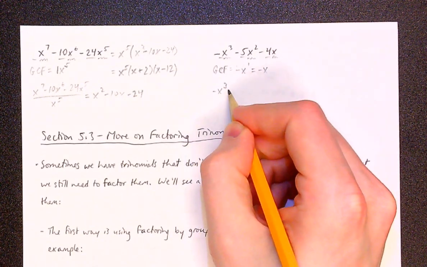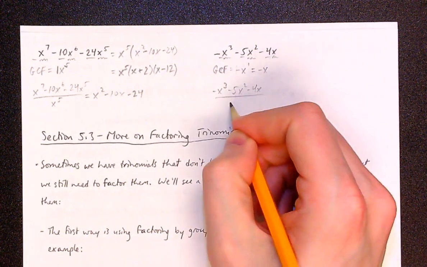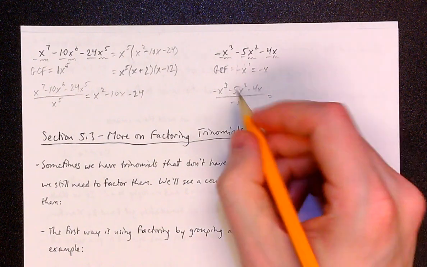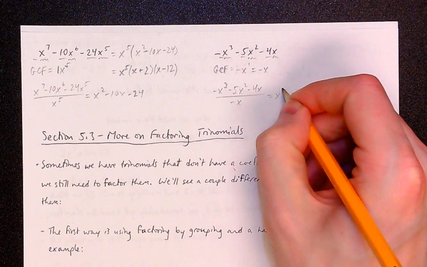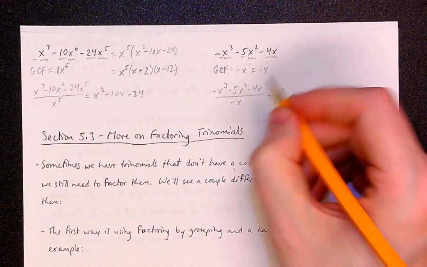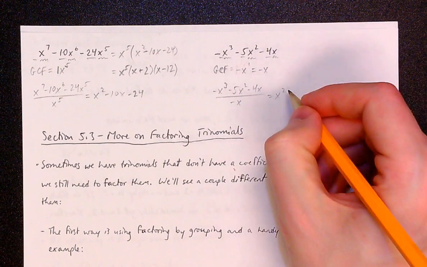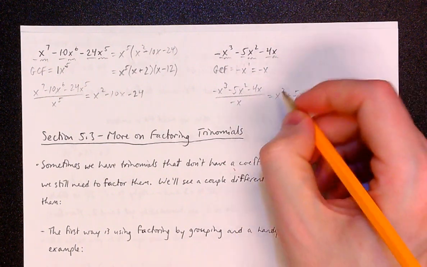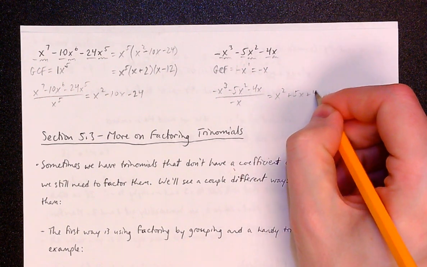So negative x cubed minus 5x squared minus 4x divided by minus x. Negative x cubed divided by negative x gives me a positive x squared. Negative 5x squared divided by negative x gives me a plus 5x. And then negative 4x divided by negative x gives me a plus 4.